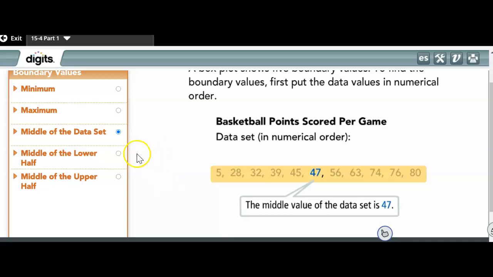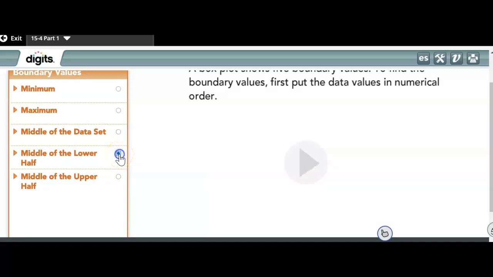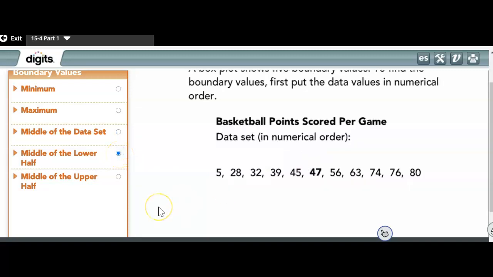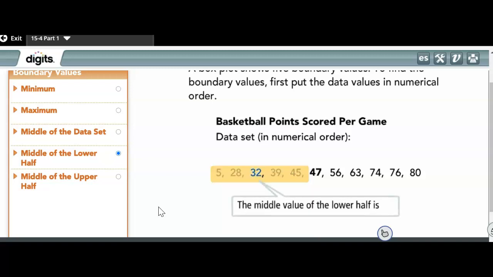Now make sure we understand how to find the middle of the lower half and the middle of the upper half here. The lower half of the data set is everything less than the middle value. The middle value of the lower half is 32.